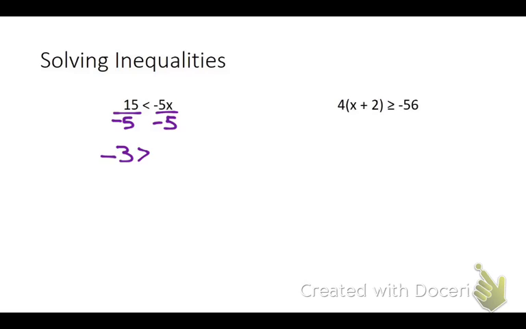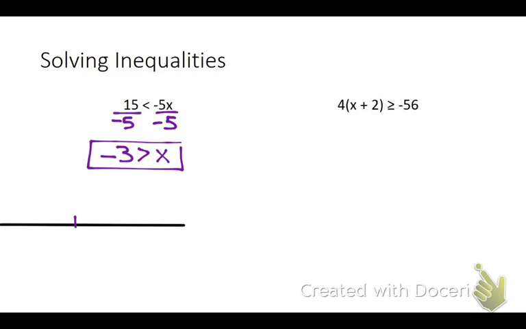Now, wait a second. Why did I flip my inequality? Because I divided by a negative, more specifically because a negative was attached to my variable. Okay, so now how do I read this?